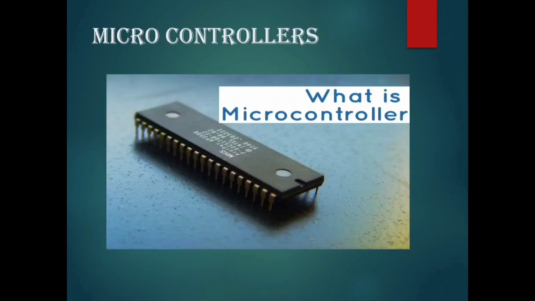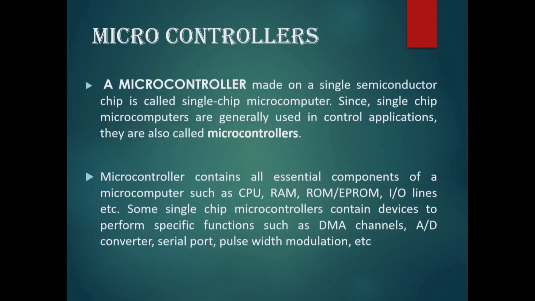So let us go through the microcontroller. Let's see the picture of a microcontroller. A microcontroller made on a single semiconductor chip is called a single chip microcomputer. Since single chip microcomputers are generally used in control applications, they are also called microcontrollers.